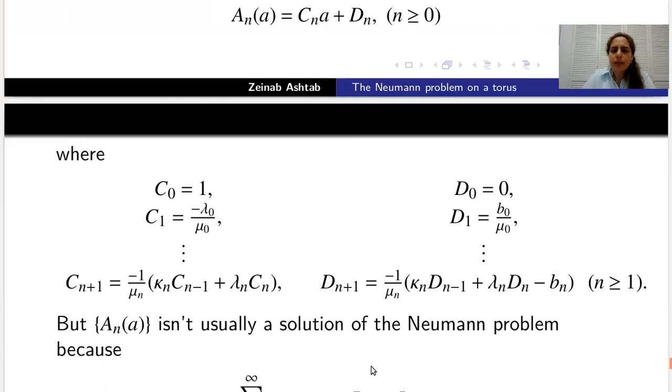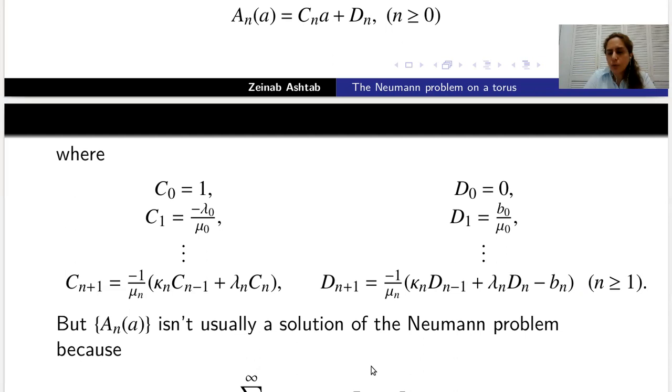As you can see on the screen, after some calculations we can say that C0 is equal to 1, C1 is equal to minus lambda naught over mu naught, and so on.